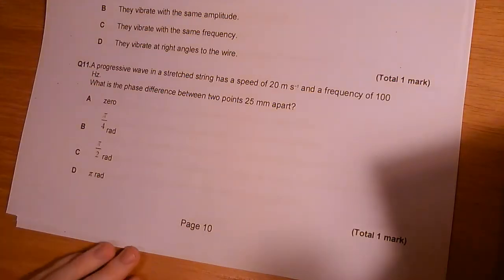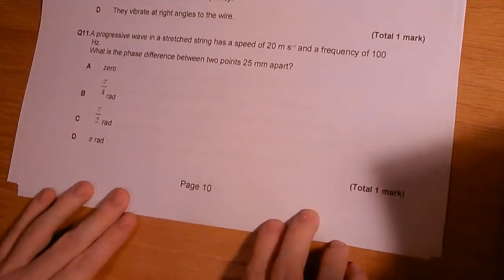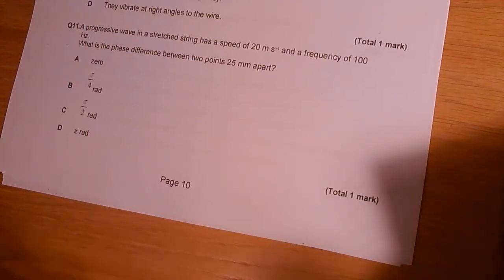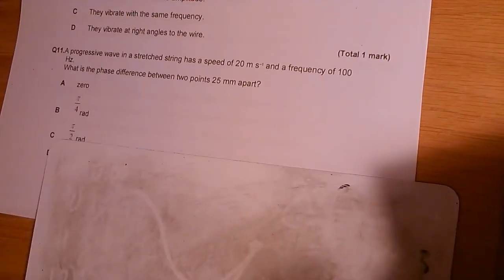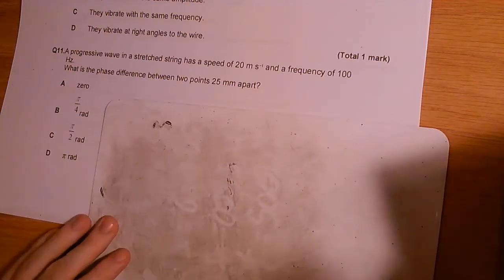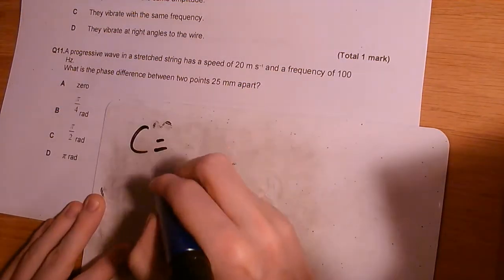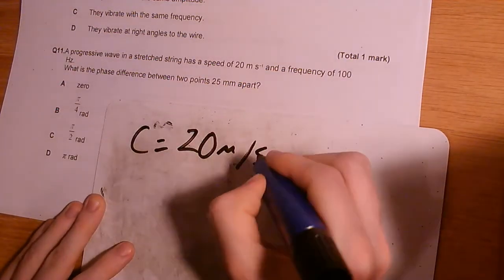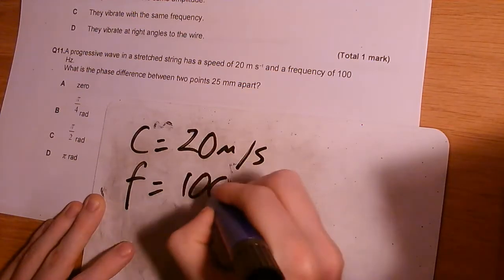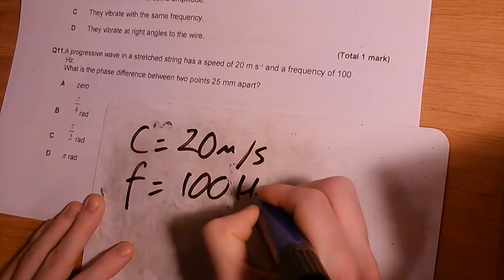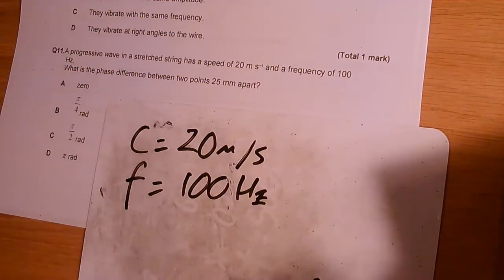Question 11. We've got a wave going at 20 meters per second, so our speed is 20, frequency is 100 hertz. So speed is 20 meters per second, frequency is 100 hertz, and we're going to figure out the phase difference between 2 points 25 mm apart.